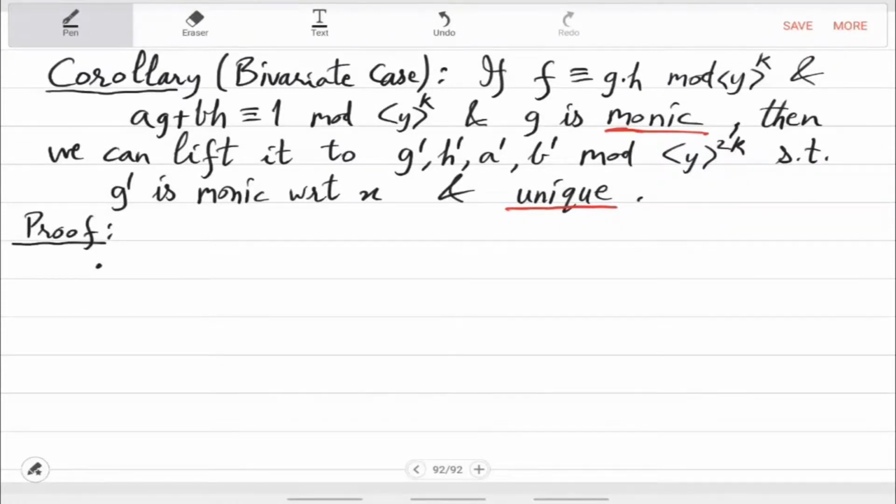So what you do is compute the lift by the previous Hensel lemma, the previous algorithm.